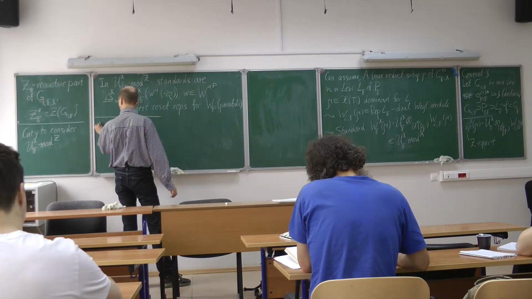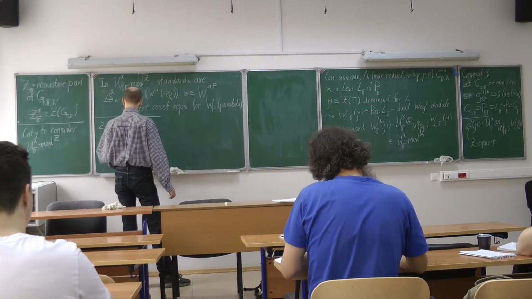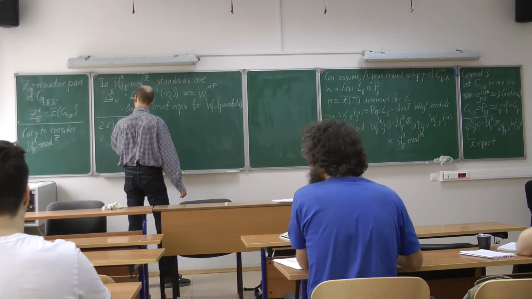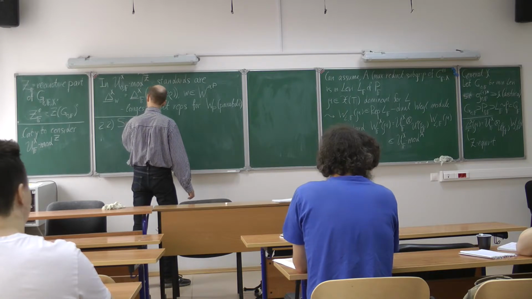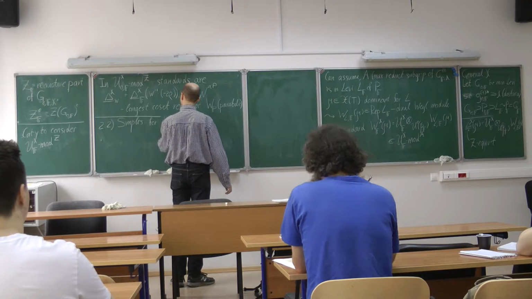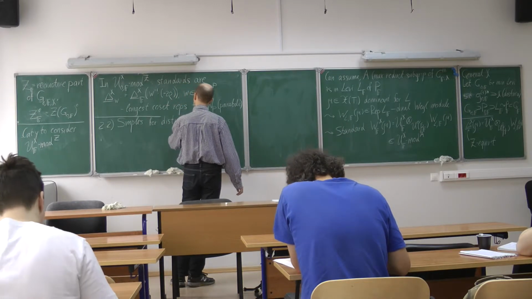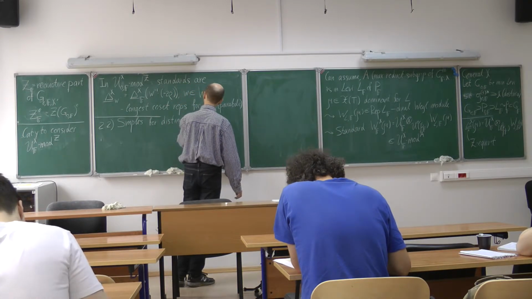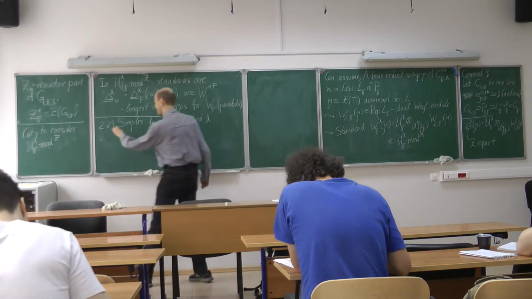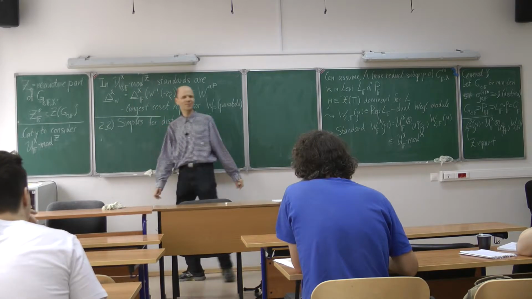Now let's move on and talk about, this should be maybe topic 2.2, simples for distinguished chi. Sasha, 2.3, okay?